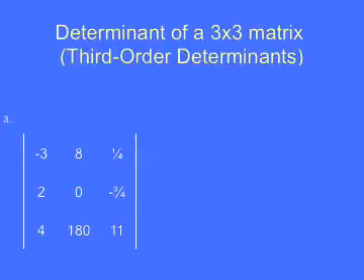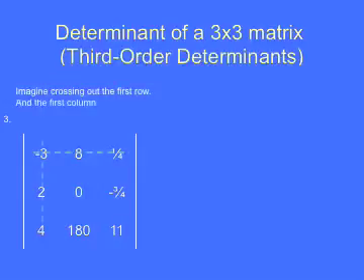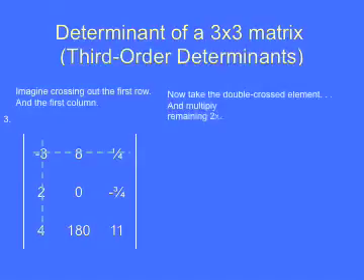Calculating the determinant of a 3 by 3 matrix takes a few more steps. First, we're going to imagine crossing out the first row and the first column. We have a double-crossed element, which we'll take and multiply by the determinant of the remaining 2 by 2 matrix. You can see here that there's a 2 by 2 matrix in the bottom right-hand corner. The elements have not been crossed out.